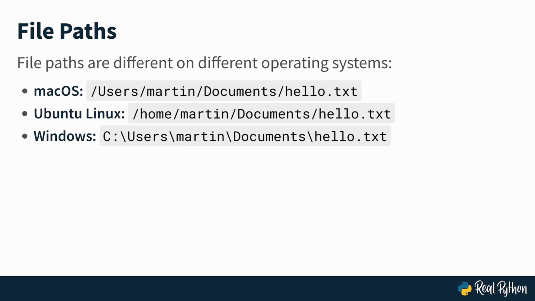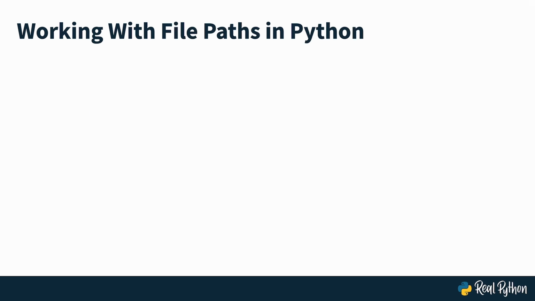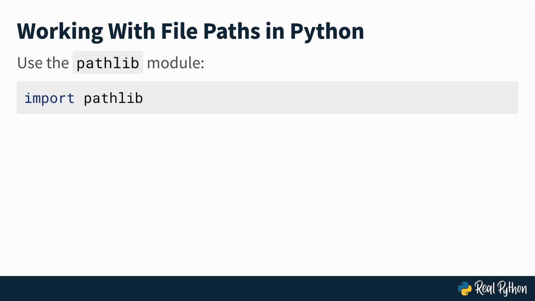You may think that makes it hard for you to write some code that finds a file in the documents folder, for example. But lucky for you, working with file paths in Python is relatively straightforward because of the built-in pathlib module. And you'll learn more about how to use it in the next lesson.